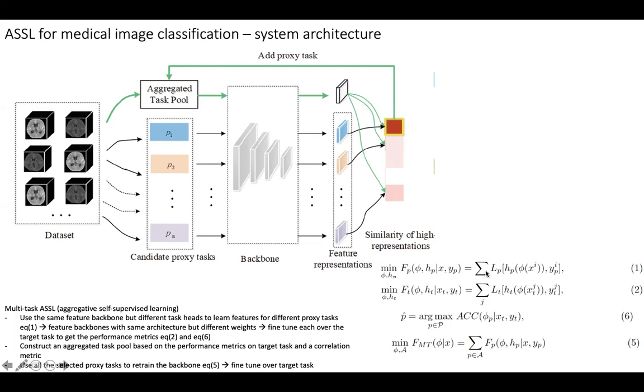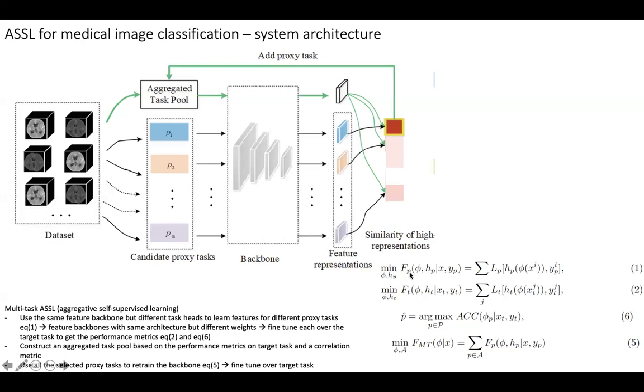In the pre-training process, we will try to optimize the model to get a feature extraction backbone and a task head that can perform very well on this proxy task. In the fine-tuning process, we will replace the task head by the target task head, but we will keep the feature backbone the same as in the pre-training process, using the initialization from the pre-trained model.